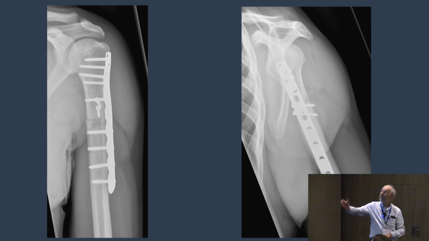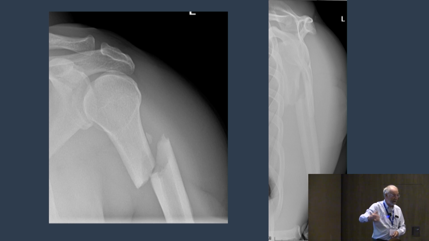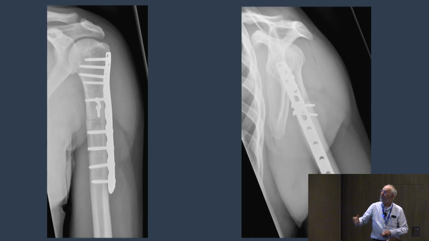So with that configuration of an oblique pattern, you can lag it and plate it, and you've got two planes crossing the fracture, and you can support that rotation, and you can maintain a good reduction, and you think, because of a good bone, store the energy in it, direct bone healing. If that was a more transverse pattern, you wouldn't be able to put a lag screw through it.